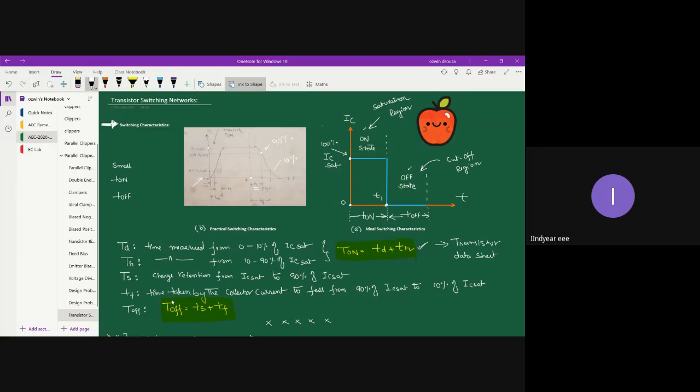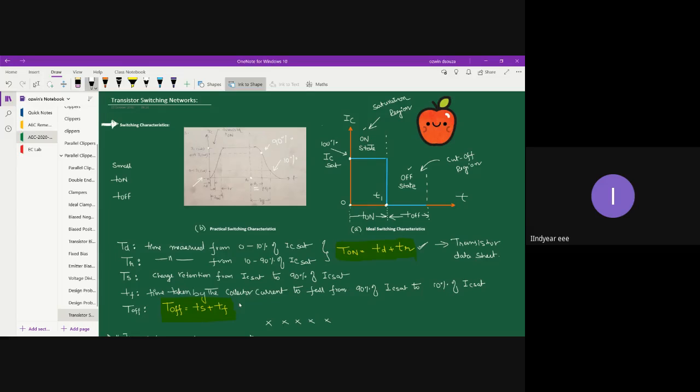So the fall time is defined as the time taken by the collector current to reduce from 90% of IC saturation value to 10% of IC saturation value. Then the collector current gradually reduces to zero. You don't have to wait for this 0 ampere state. If your collector current has reduced to 10% of IC saturation, it is good enough for calculating the turn-off time. So the turn-off time is the summation of storage time plus fall time.